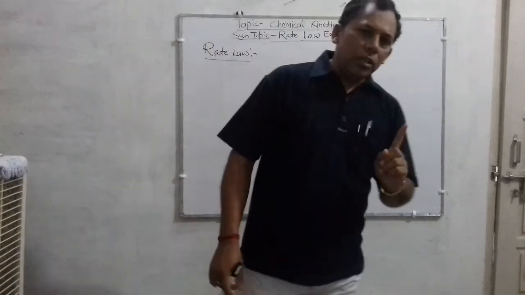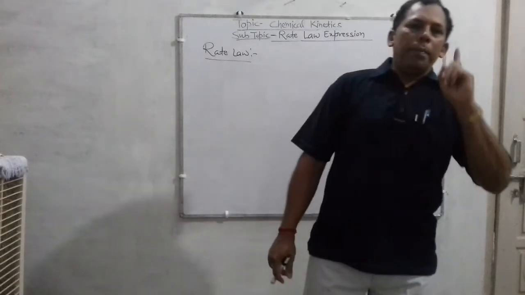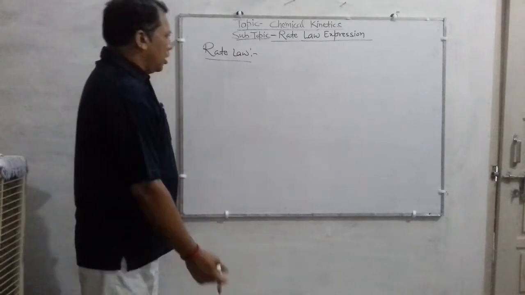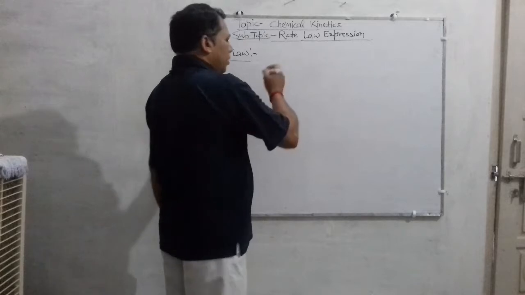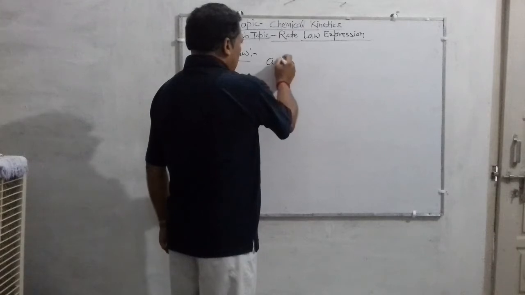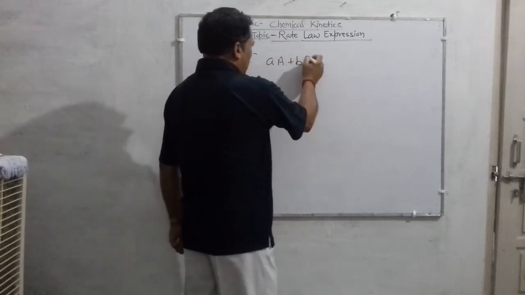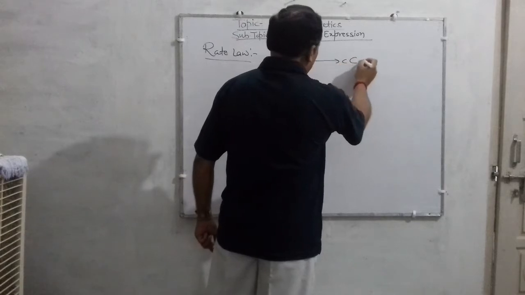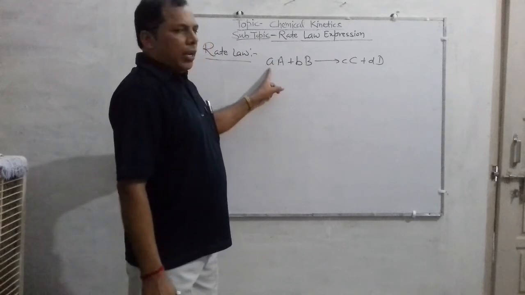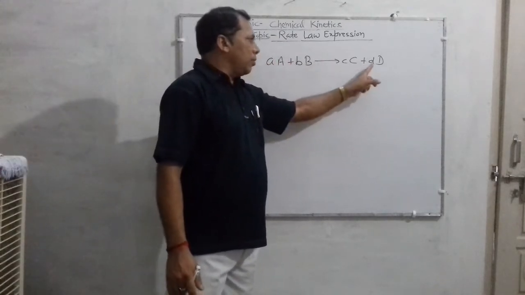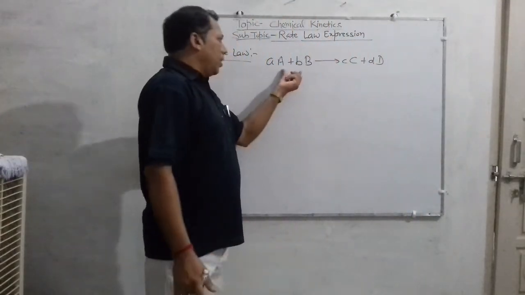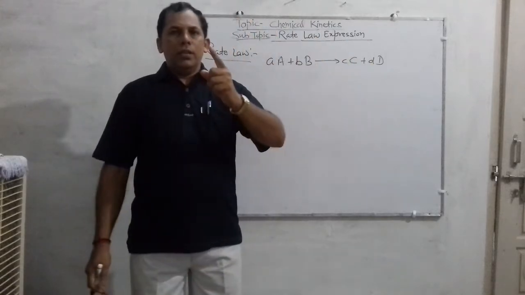This definition of rate law can better be explained by taking a simple general equation. Let's consider a general reaction: aA plus bB changing into cC plus dD, where small a, small b, small c and small d represent the stoichiometric coefficients of reactants and products respectively.